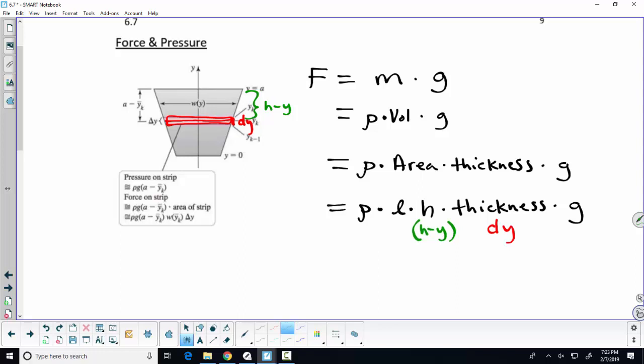And notice the length is the length of the line. So that will also vary depending on the tank. So that L is actually a varying function of y, L of y.